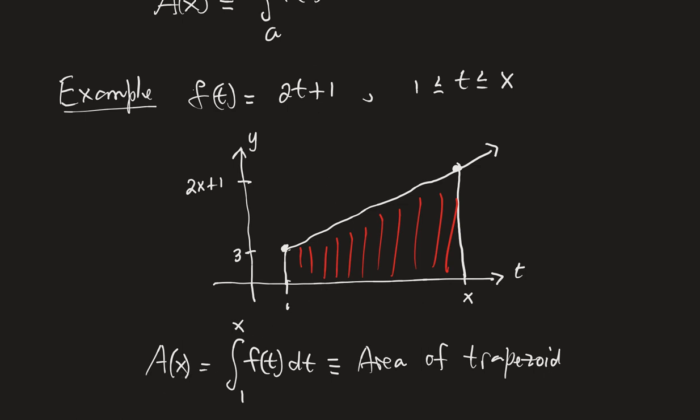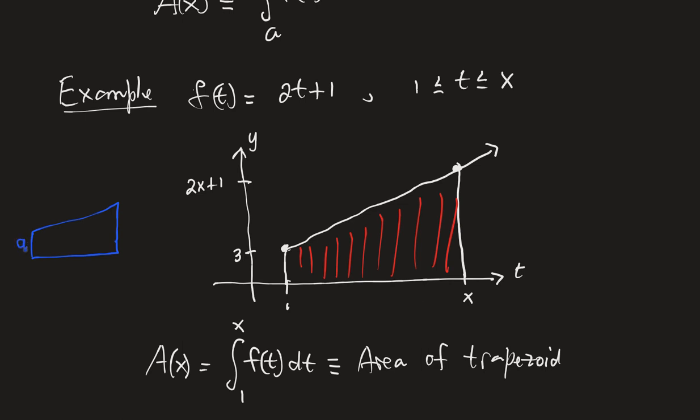Okay, so let's label the dimensions of our trapezoid. Let me remind you of the area of a trapezoid. If you have a trapezoid that looks like this, we usually use these symbols.